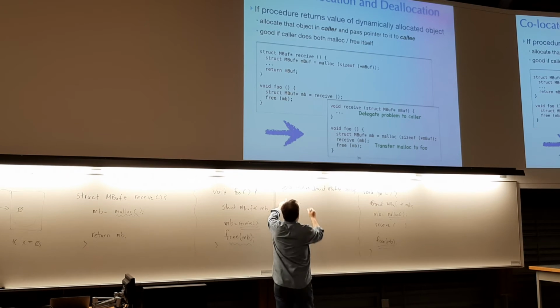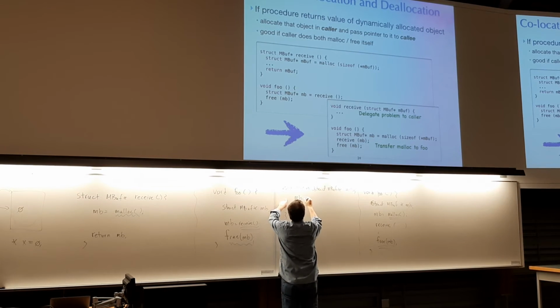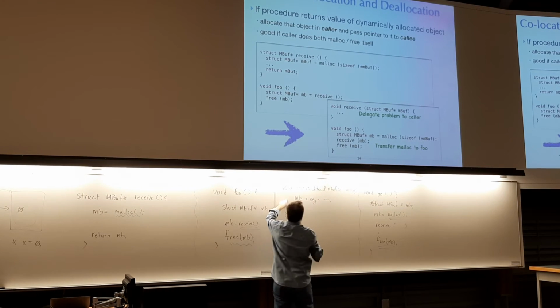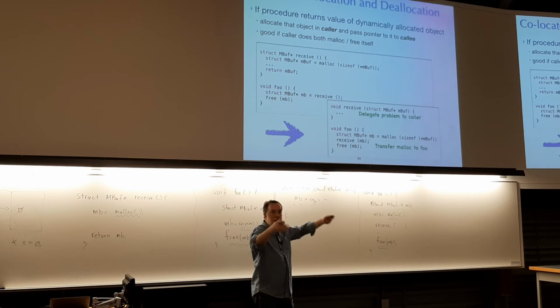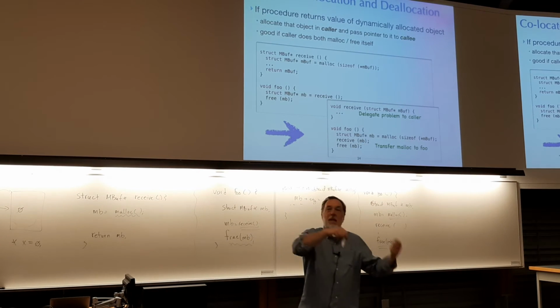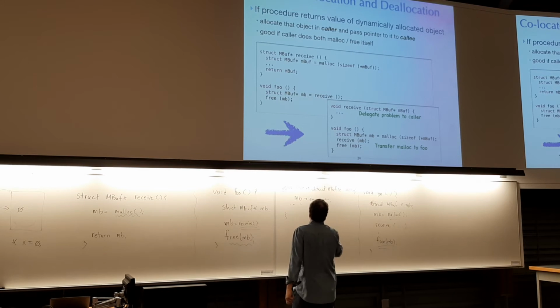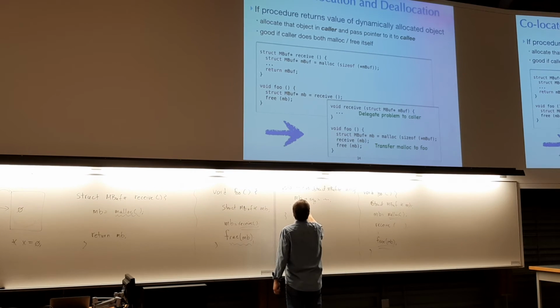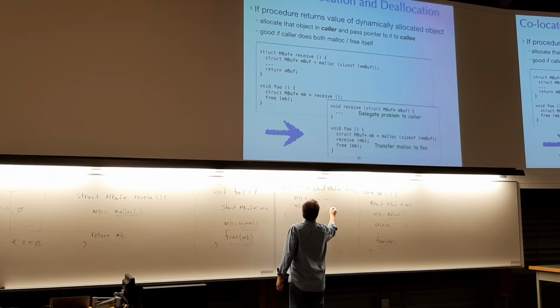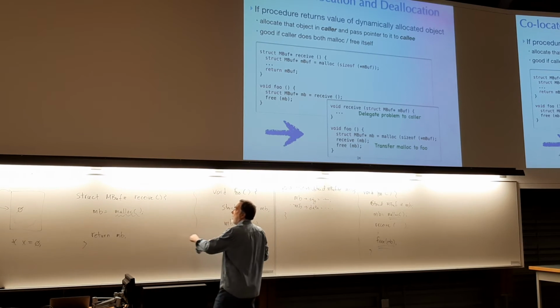So I might say, MB arrow size equals some number, and then copy whatever the fields are that I'm copying, the data into it. Would actually be, maybe, MB data equals something. These are the things that happen here.